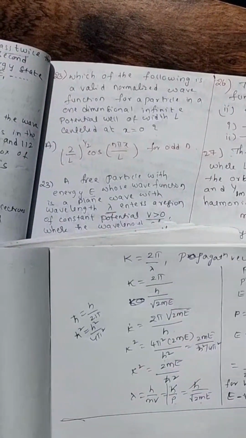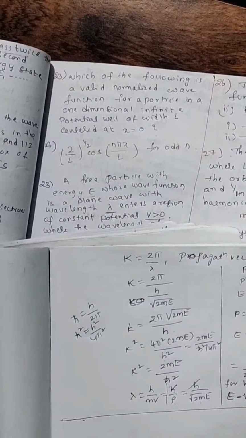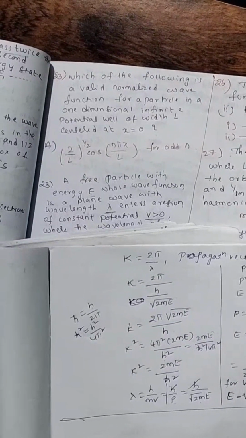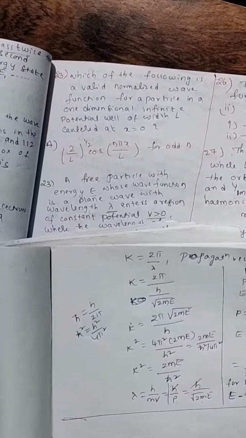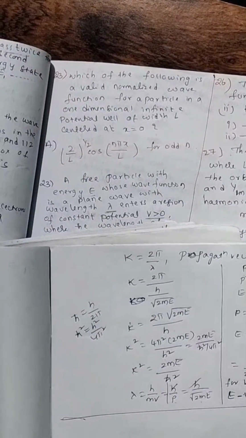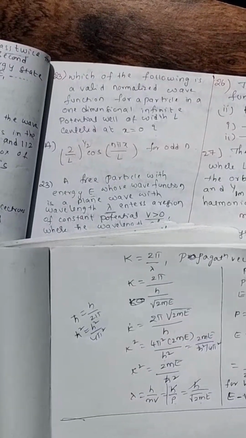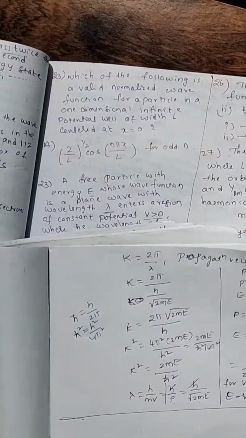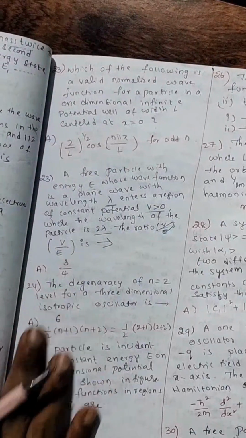So h square by 2m lambda square minus V is equal to h square by 2m 2 lambda whole square, or V is equal to h square by 2m lambda square minus h square by 2m 2 lambda whole square. If we simplify, we get 3 by 4 h square by 2m lambda square, that is equal to 3 by 4 E. So V by E is 3 by 4.